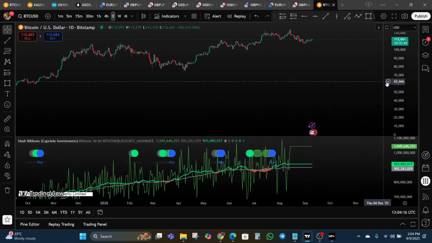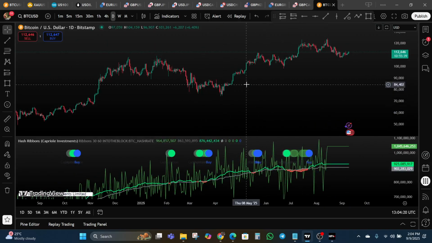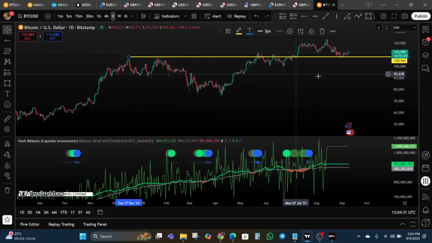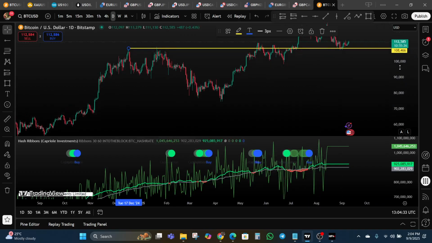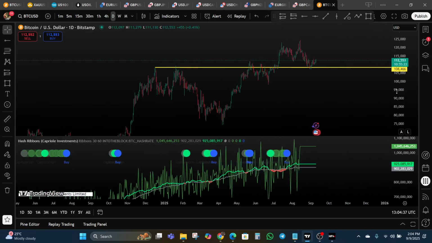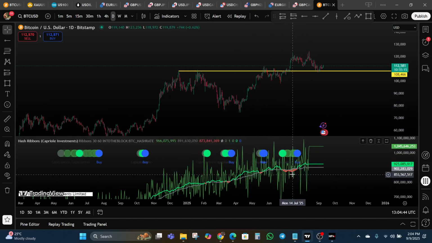You also want to add your price analysis indicators to your charts, depending on the kind of trader you are. If you use pure price action for your analysis, then very well, you can go ahead, plot your levels on your chart and do your price action analysis. If you have any other indicators that you usually use, you can add them to your chart, do your analysis, and then add the hash ribbons as just extra data.